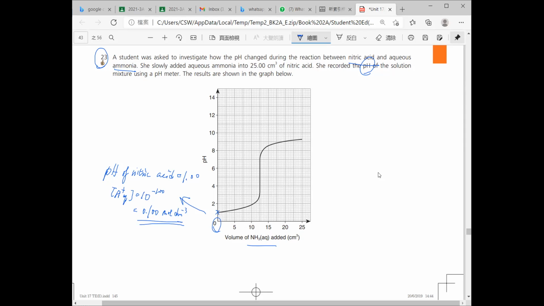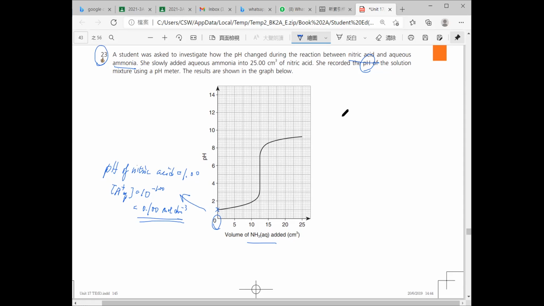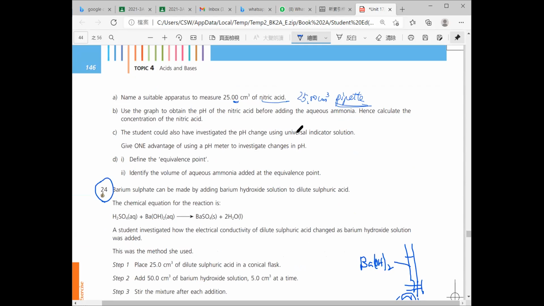Now, first of all, universal indicator first changes. I can tell because the color of it changes too greatly, too many different colors. So I would not prefer you to use universal indicator, but the question is the advantage of using a pH meter to investigate changes in pH. So can you think of some points?